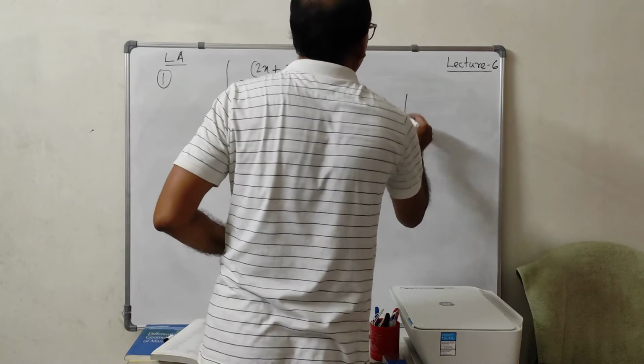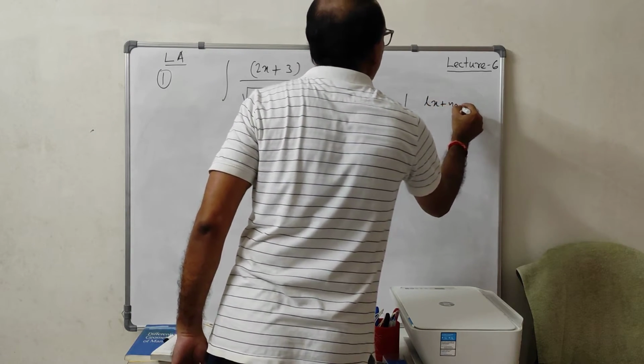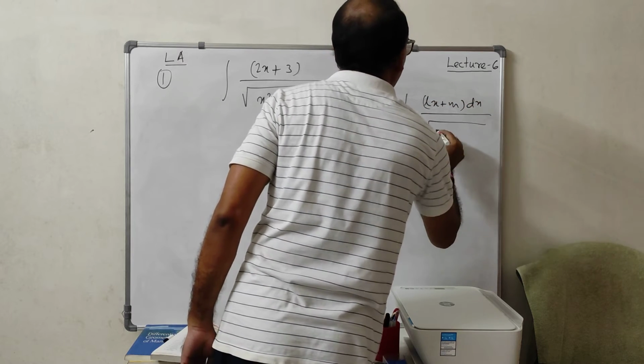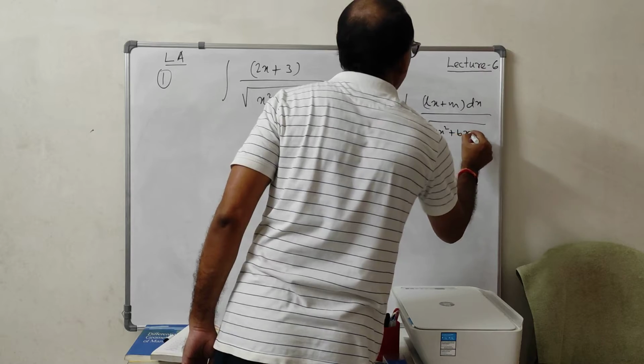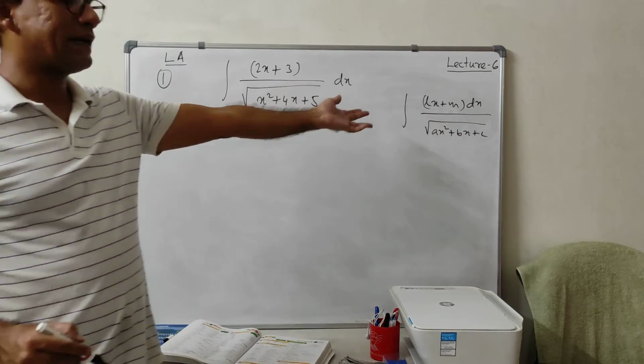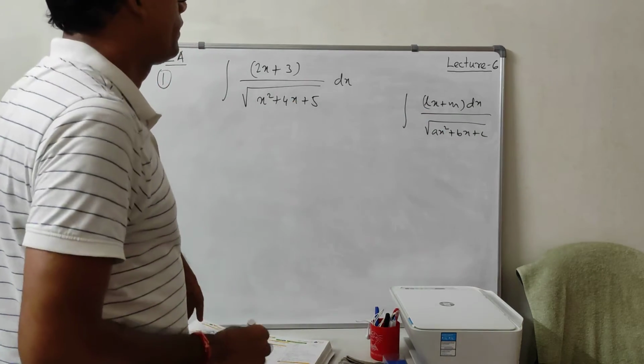This is of this type, (lx plus m) dx by the square root of (ax square plus bx plus c). I think all these categories of integral I discussed in my lecture 4.